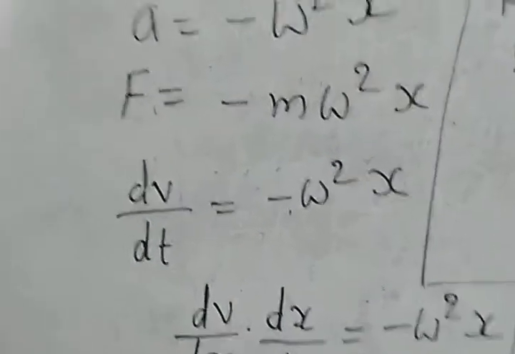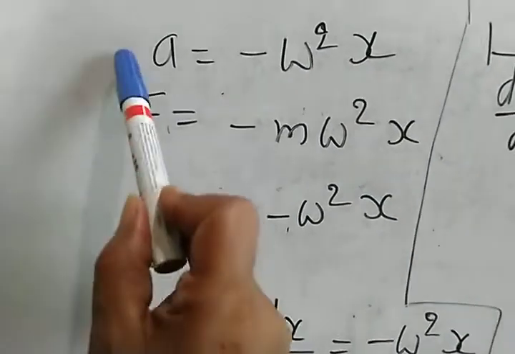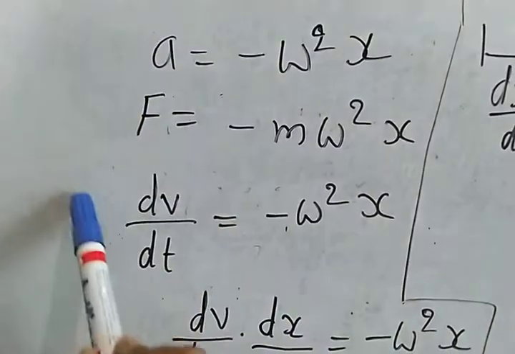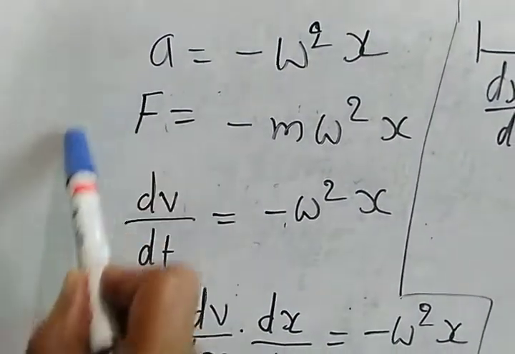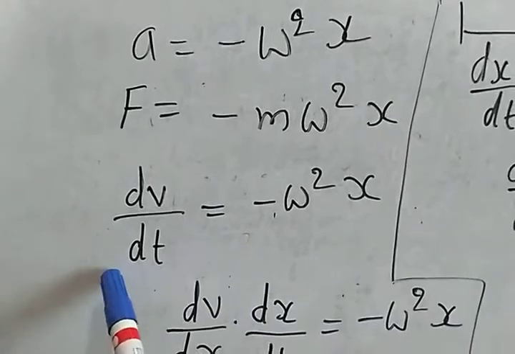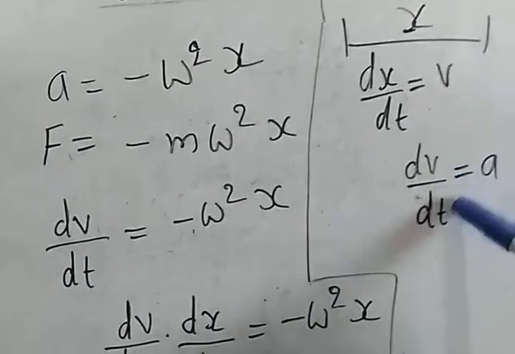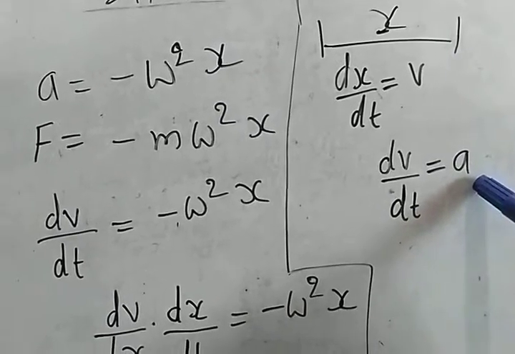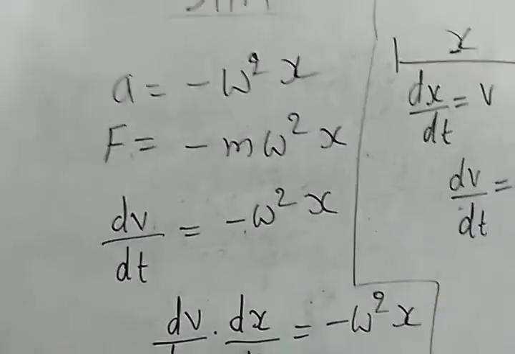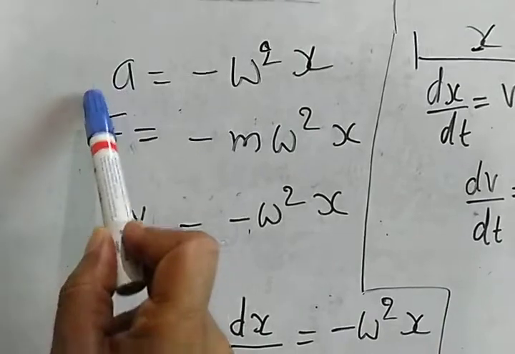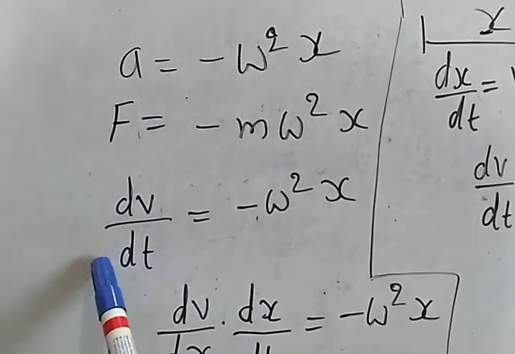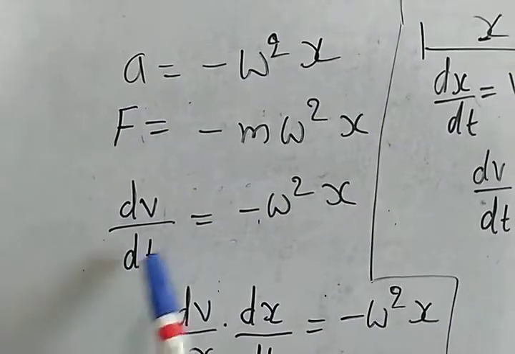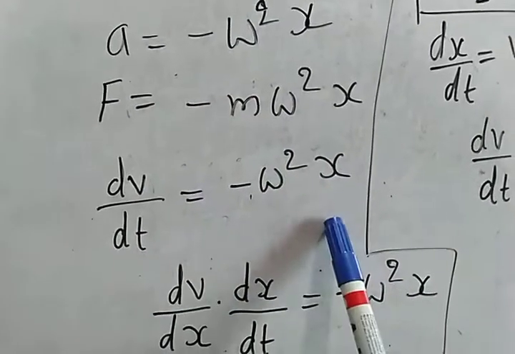And now acceleration equal to dv by dt. Here we already know that dv by dt is acceleration. So we can write here for acceleration dv by dt, and value is same.